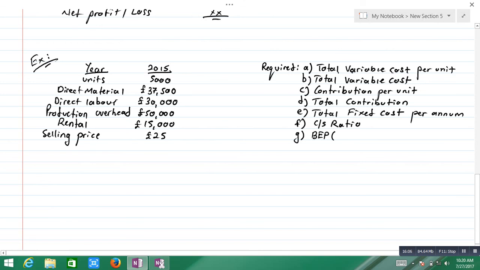H, profit or loss for 4,000 units. I, MOS units and MOS value.